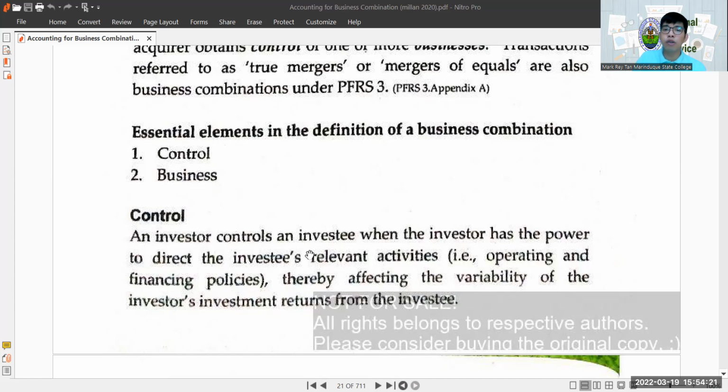So if you have control over the investee, ang tendency mo is you tend to direct kung ano yung mga nangyayari. Kasi in effect, ang gusto mo mangyari is you want to make sure na magiging mataas yung balik sa'yo. So therefore, yung gusto mong gawin is mapaganda pa yung operations nila. So in effect, mas mataas yung chance ng balik nung return on investment. So something like that.